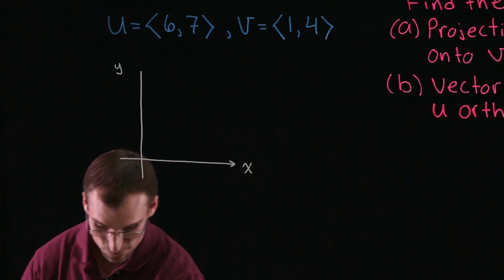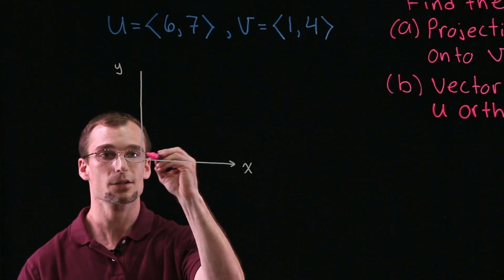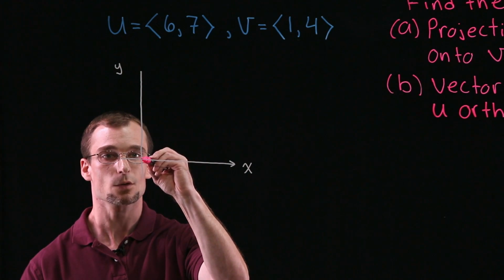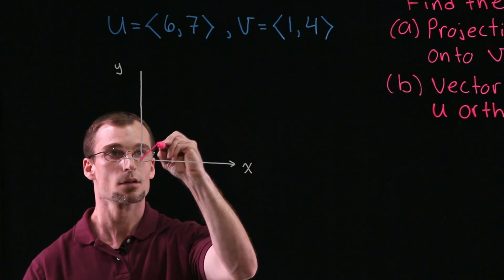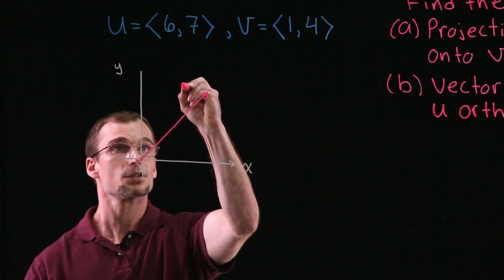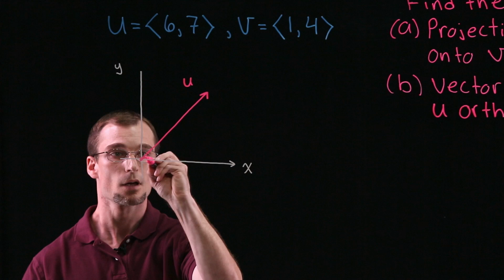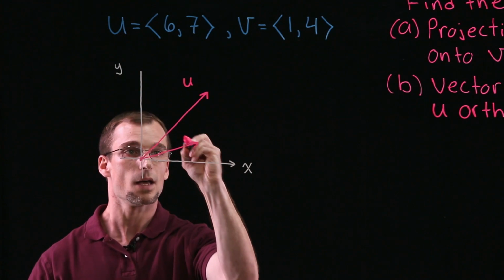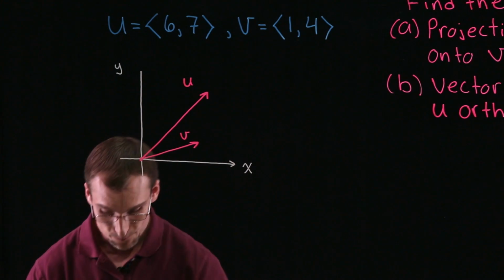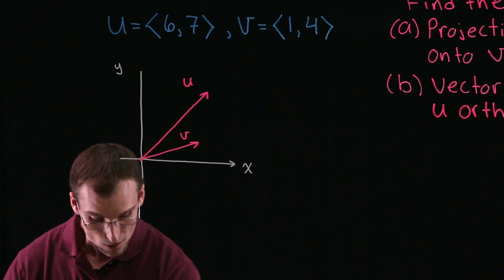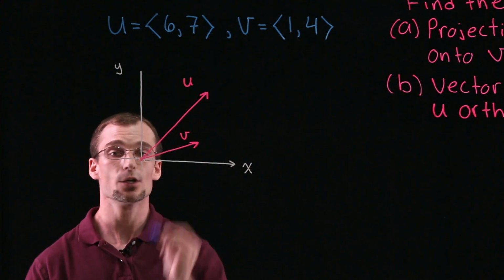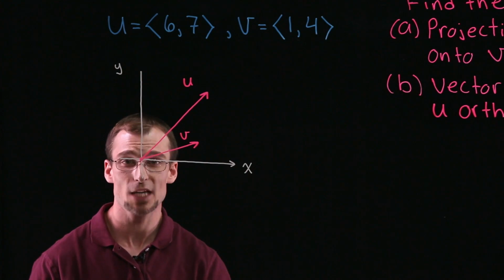So in our xy plane, if we just consider, say, two vectors in component form, starting at the origin, so let's say we have some vector u and some vector v. Looking at our vector u, we can write this as the sum of two separate vectors.